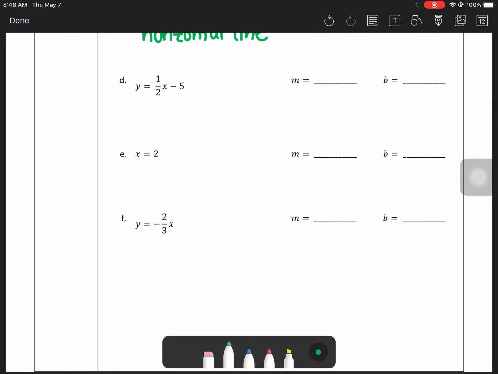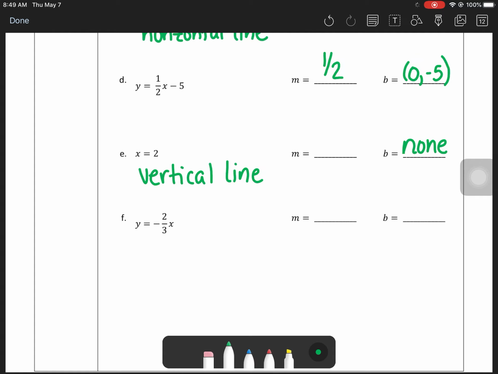It's a horizontal line. In the next example, the slope is 1/2. It's always the number in front of the x, and the y-intercept is the -5. In the next example, when you have a line that crosses the x-axis, it's a vertical line. It's going up and down, so there is no y-intercept because it's not going across the y, and since it's going up and down, our slope is undefined.